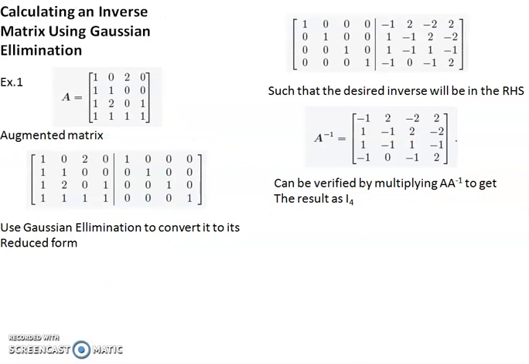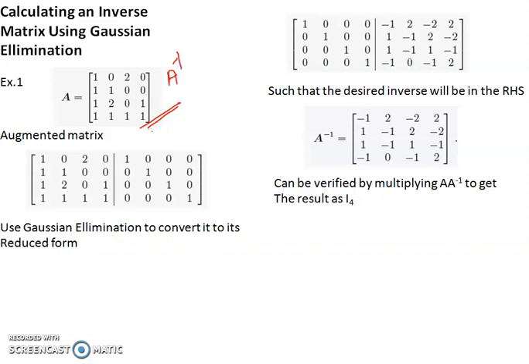Next, we can apply Gaussian elimination in order to calculate the inverse matrix. Given a matrix like this, you need to calculate the inverse of this matrix, that is A inverse.